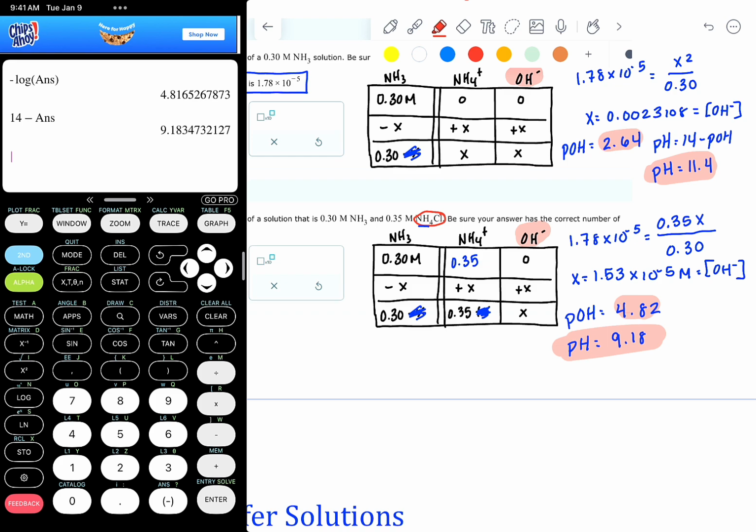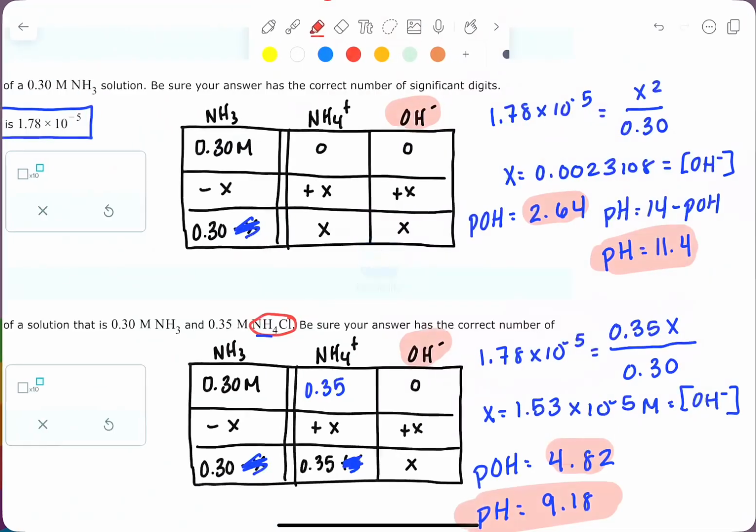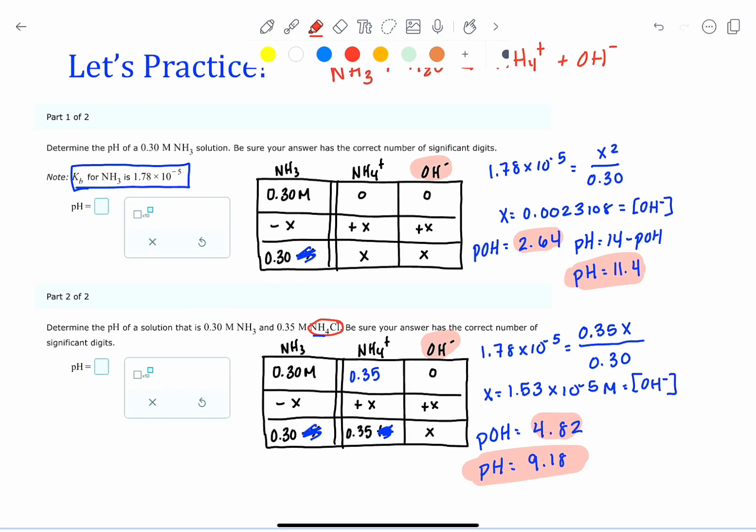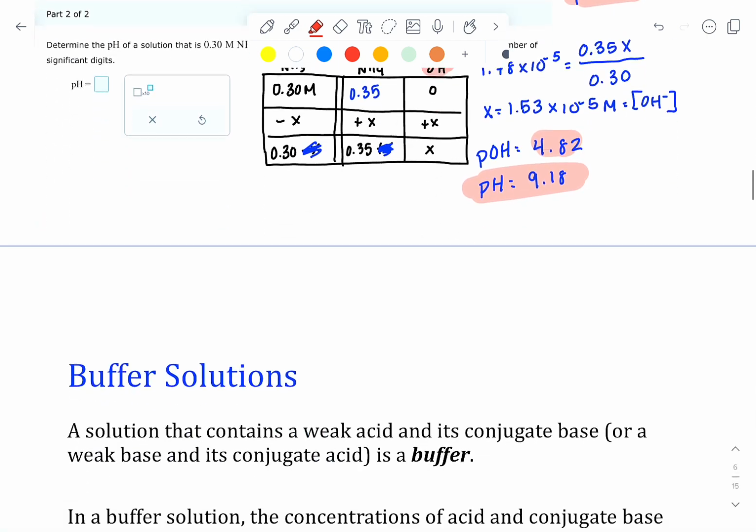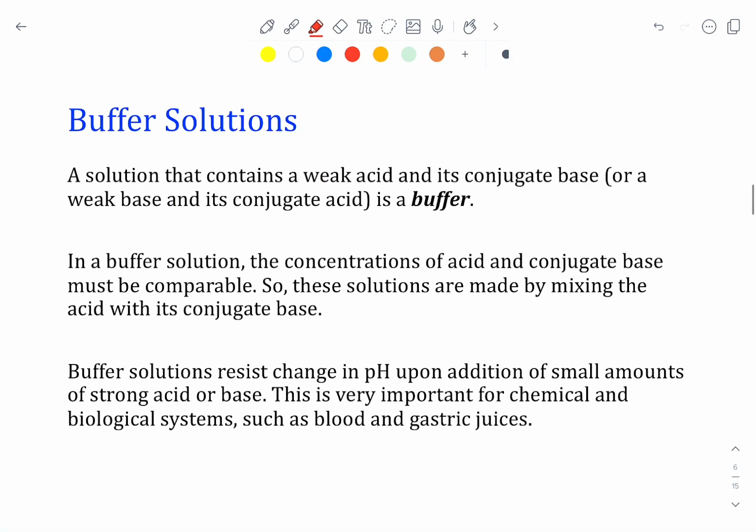So these solutions where we have these common ions in solution and they're changing our pH and our pOH, we can actually come up with a special name for them. These are called buffer solutions.